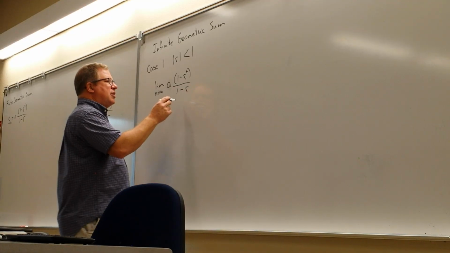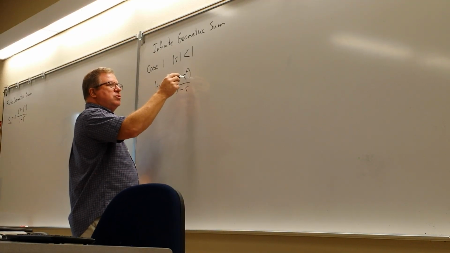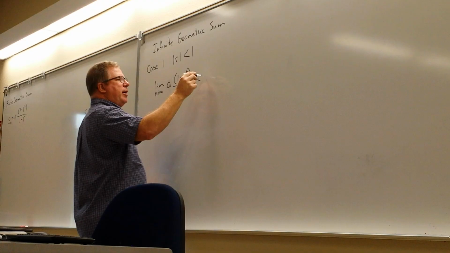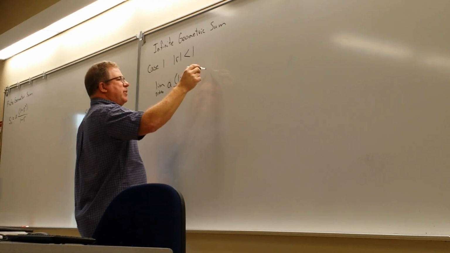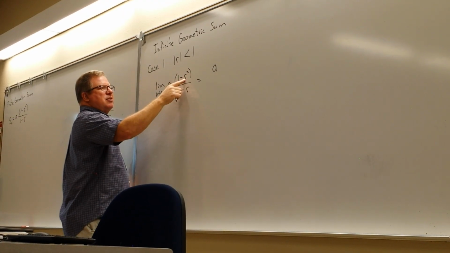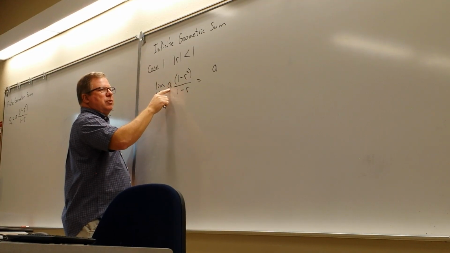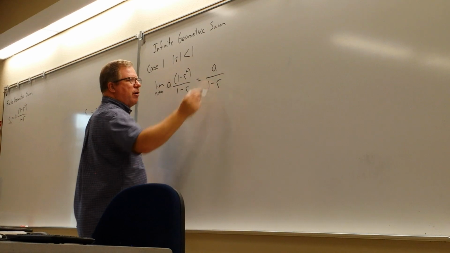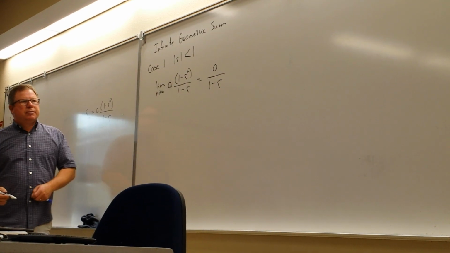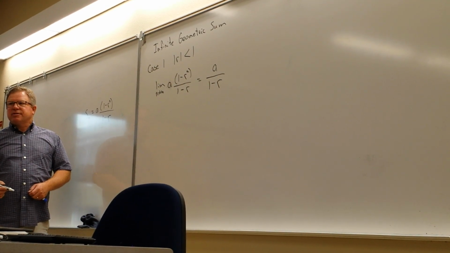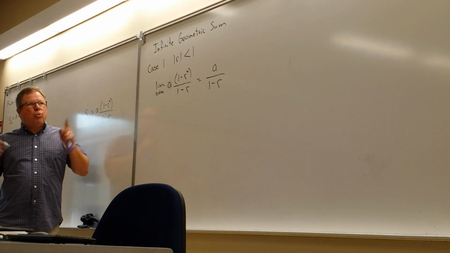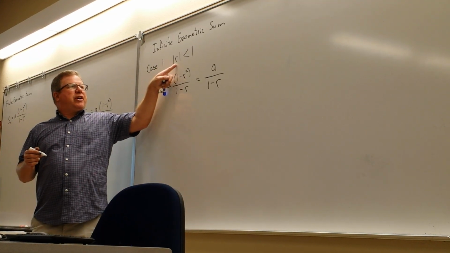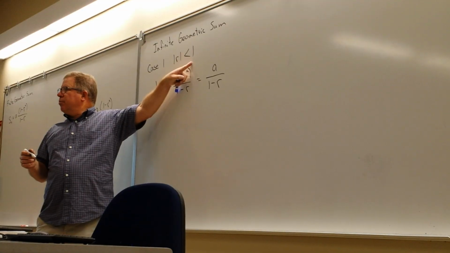So in this case, then R to the n goes to 0, and we have A, because 1 minus 0 is 1, times A is A, over 1 minus R. That is the formula for the infinite sum when absolute value of R is less than 1.